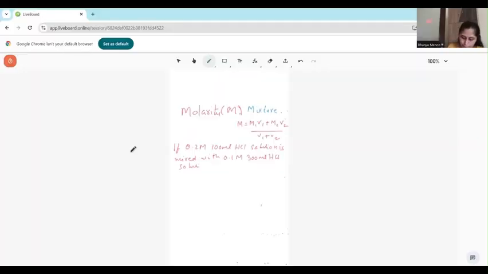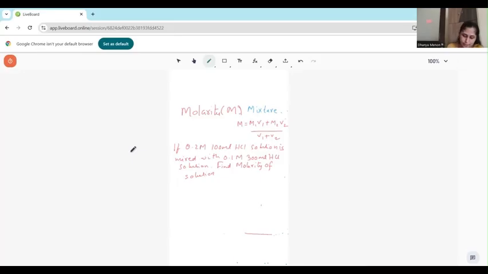Find the molarity of the solution. Here they have not diluted it. See, they are mixing two solutions. The solute is the same, but they are mixing two of them. So it's the molarity of the mixture. They are not diluting it. They are mixing two solutions together, although the solute is the same.